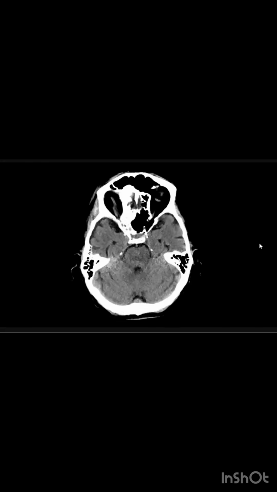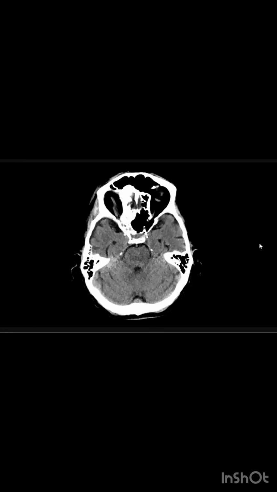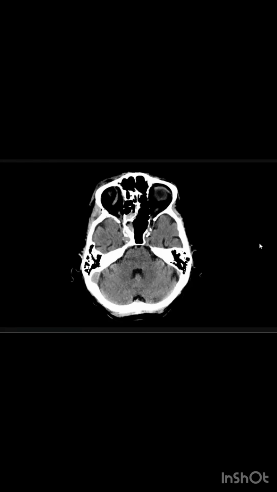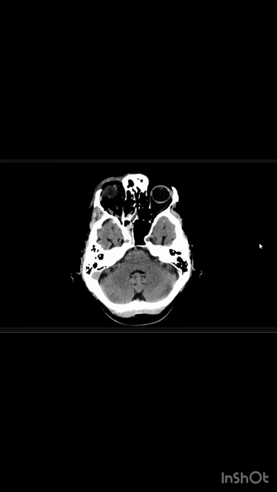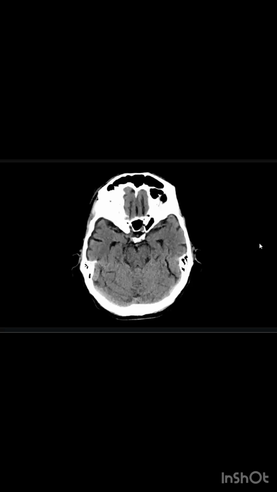There is an elongated structure noted in the superior aspect of the right orbit, which is associated with a probably enlarged cavernous sinus. I want to see the region of the cavernous sinus, which I'm unable to see. Bone window.